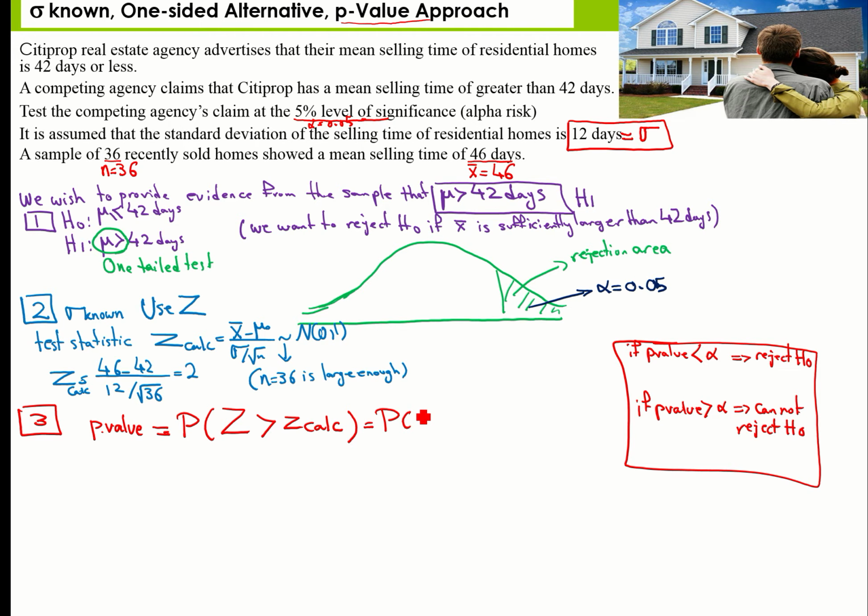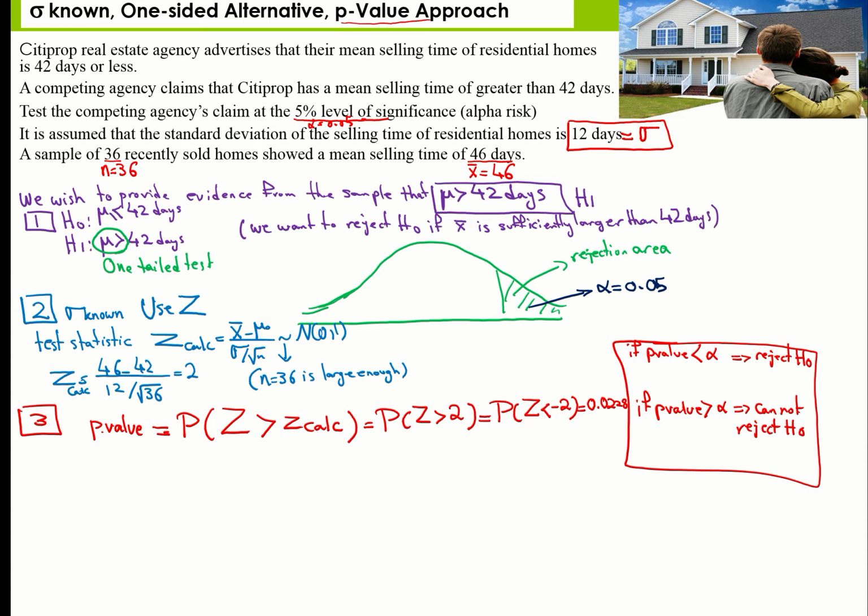So it is the probability of z greater than 2. In order to use the table, I can change it to the form of probability of z less than -2. These two are the same because the normal distribution is symmetric. So we have a look at the table and see that the value is 0.0228.